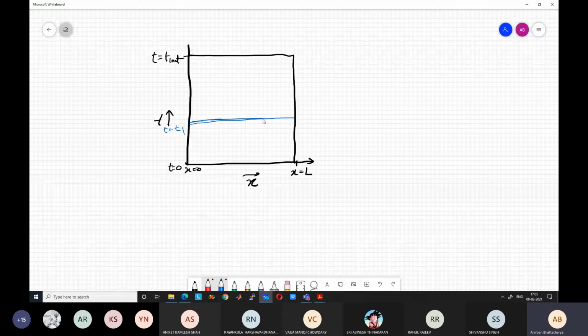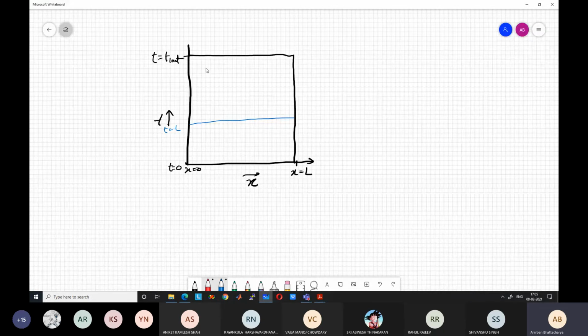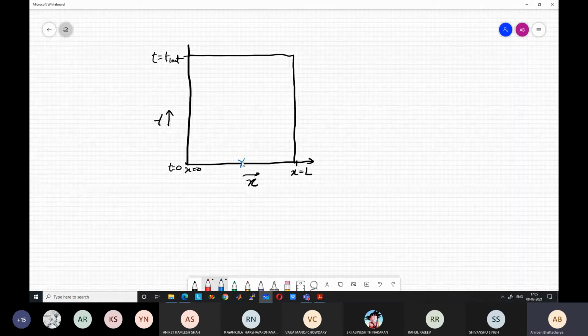Before that, let me go to a previous time. Let's say time t equal to 0. I plug this string at a certain point, at x equal to say L by 2. It can be any other point also.